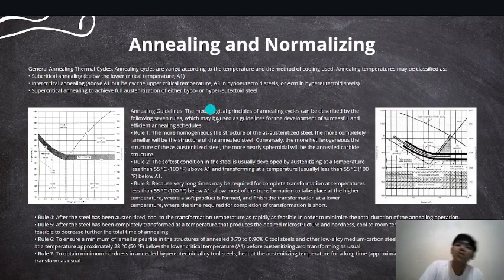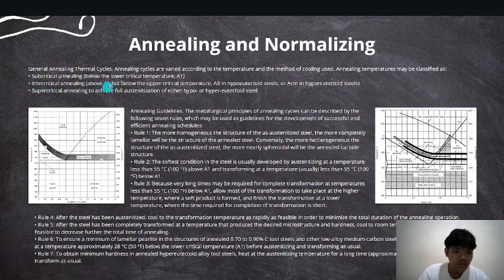Annealing and normalizing. General annealing thermal cycles. Annealing cycles are varied according to the temperature and the method of use. Annealing temperatures may be classified as 1. Subcritical annealing below the lower critical temperature A1. 2.